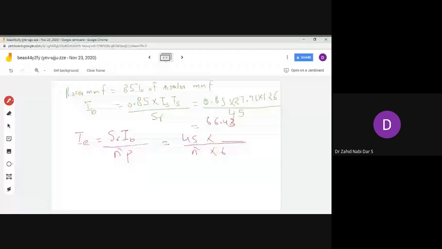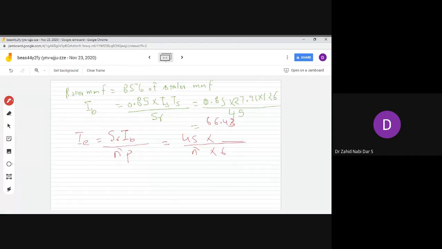155. So yesterday when we derived the expression for the bar current and the end ring current, the bar current was equal to this value, and the end ring current that I derived was equal to this value. But in this particular problem, did we miss something?